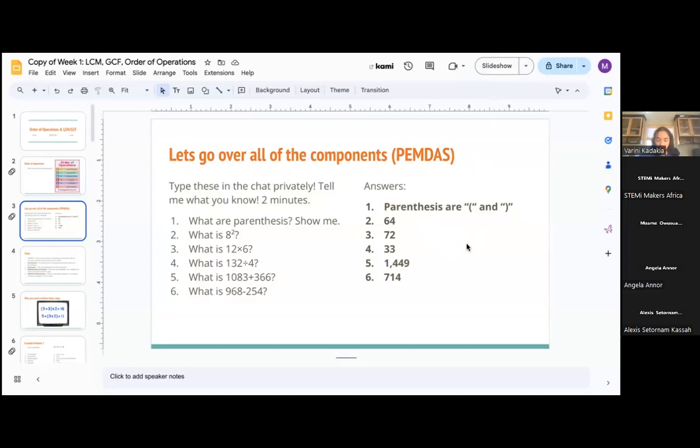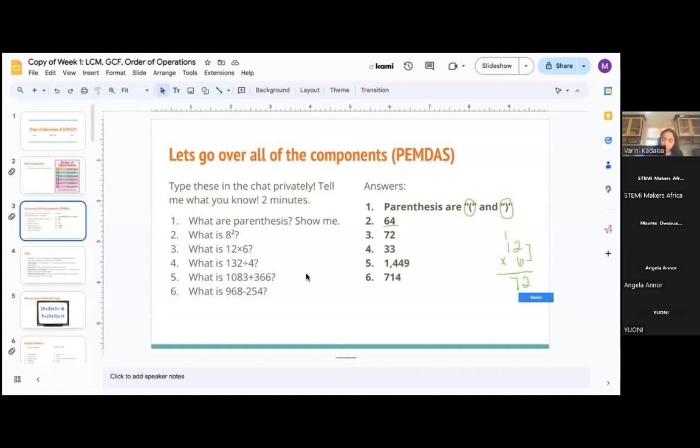This is what the parentheses look like, just open and close brackets. 8 squared is 64, so that's something you should try and memorize. And then 12 times 6: 6 times 2 is 12, carry over the 1, and 6 times 1 is 6, plus 1 is 7, so 72.